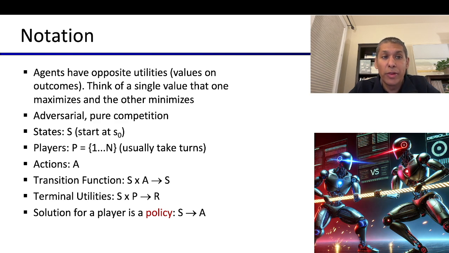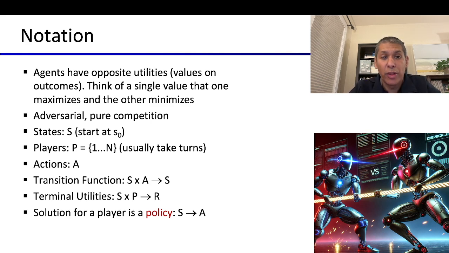And the notation that we will use is that there are states S, and we will start with S0, the initial state, which is, for example, the empty board or the initial board in the case of chess. The players are 1 and 2, and they usually take turns, although you can have n players as well. The action that a player takes is within the set of actions A, and we have a transition function, which takes a state, takes an action, and results in a new state.